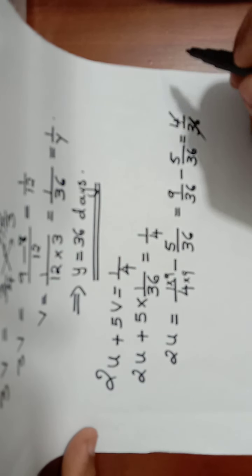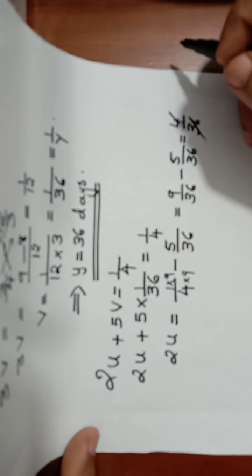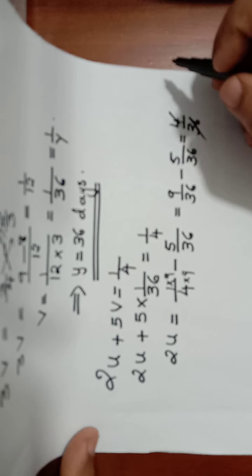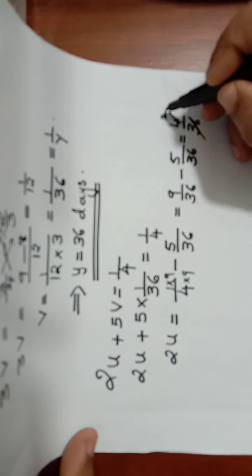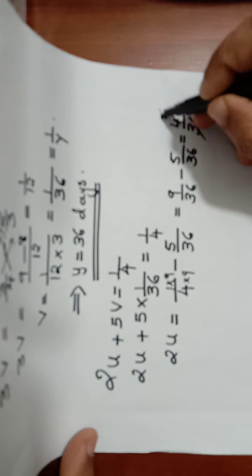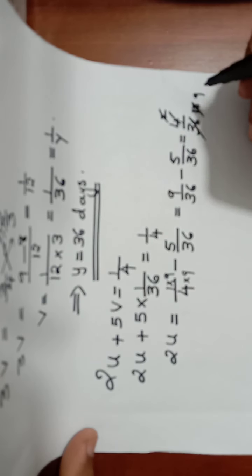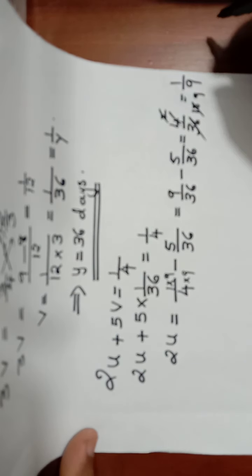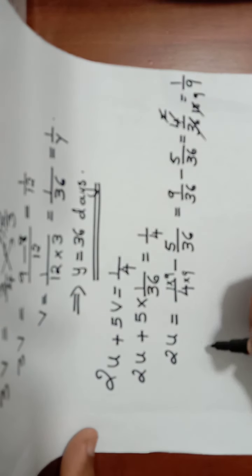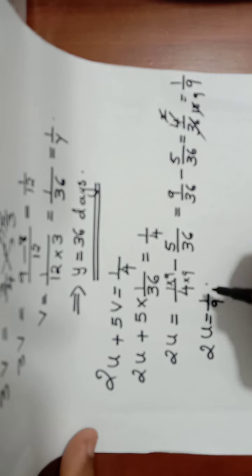We can cancel how many times? 4 by 36 is 1 by 9, since 4 9s are 36. So it is 1 by 9 we have. Okay, so 2u equal to 1 by 9.